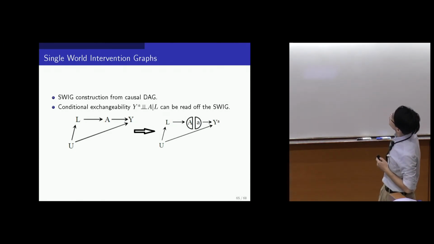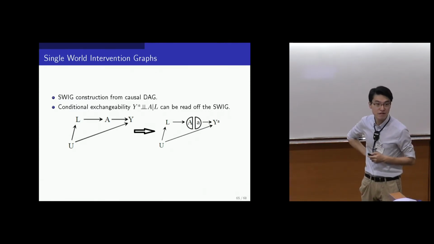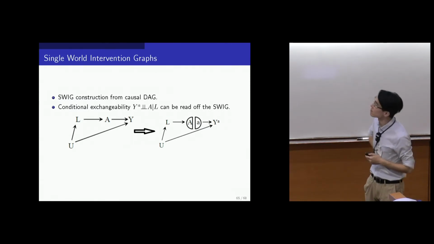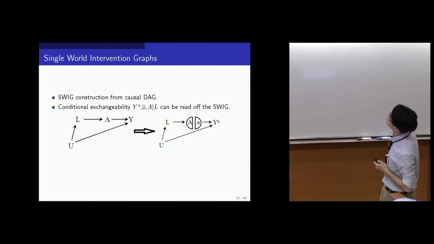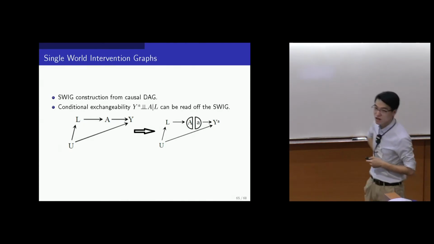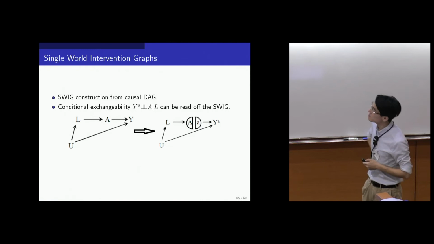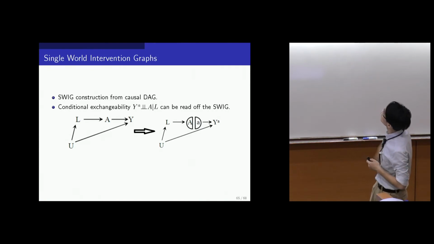And in terms of the potential outcome language, we say that conditional on L, we have the exchangeability assumption. So how do we go from the causal DAG to the potential outcome language? How do we unify these two?